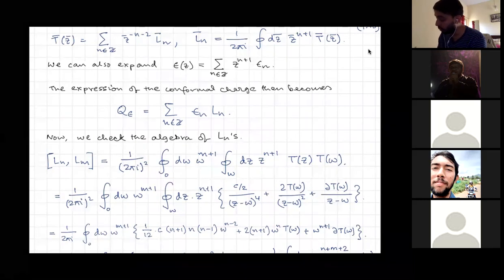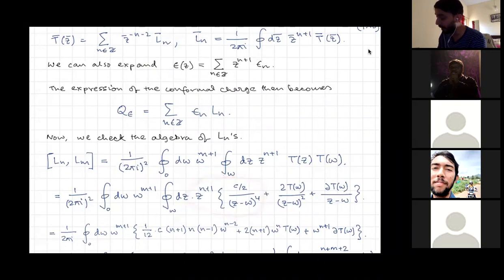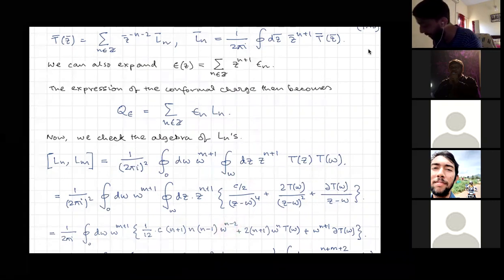So what you need to do is take this and multiply it by z minus omega to the 4, and differentiate it 3 times. If you do that, your n plus 1 is here, and then you differentiate it once more, there's an n, differentiate it once more, there's n minus 1, and at the end you also have to put z equal to omega, so you get a term which is omega to the power n minus 2.